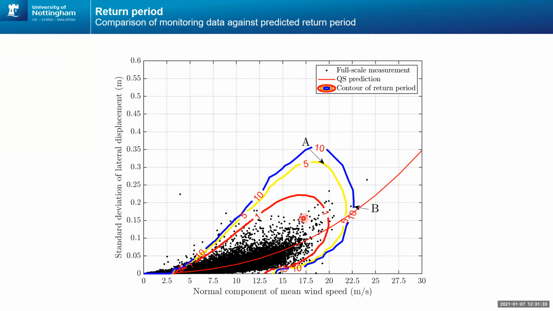at different wind speeds. Notice the shape of these return periods, that we can get events such as record B and record A, which notionally have the same or very similar return periods, yet occur for very different wind speeds. And A, of course, has a much higher response for the same return period at a much lower wind speed.